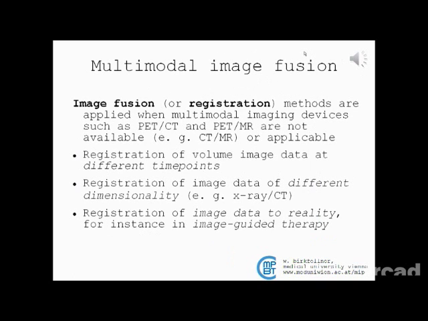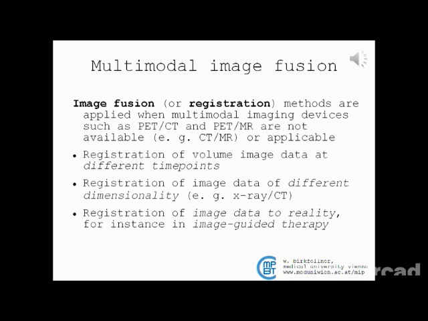Image fusion or registration is a set of techniques which are applied when so-called hybrid imaging devices, which measure several quantities at one point in time, for instance a modality from nuclear medicine called PET, positron emission tomography, and computed tomography, are not available or cannot be applied.